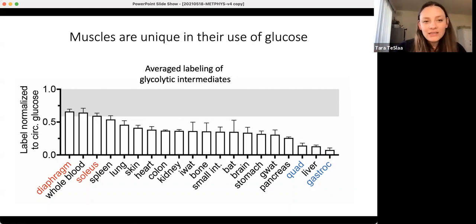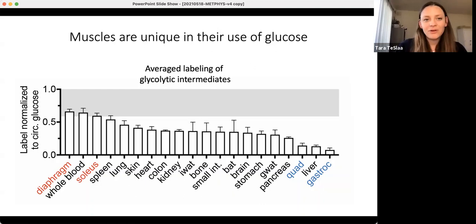And they label as high as whole blood, which is dominated by red blood cells that don't have mitochondria and rely completely on glycolysis for their energy production. And then on the opposite end of the spectrum, we have the quadricep muscle and the gastrocnemius muscle.